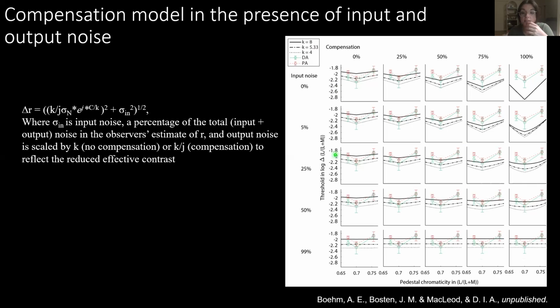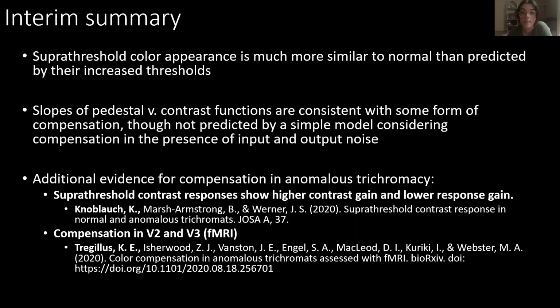So ultimately, we found that all of these models considering different levels of input noise didn't really predict the data very well. And while our data sort of refute the zero compensation hypothesis, we don't really get a complete picture from these models.